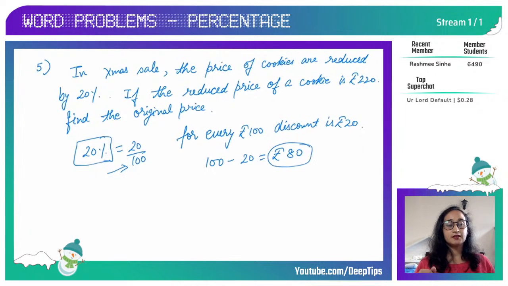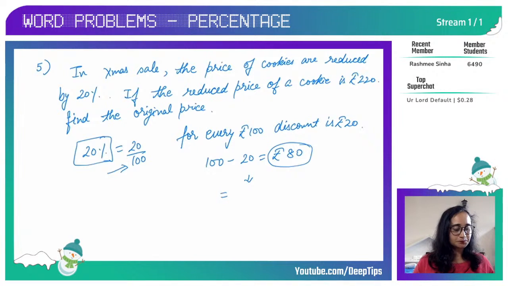So how do we write this? First thing you have to remember is that here you want to find the original price. So keep your original price towards the right hand side. This is the mantra. You never get wrong in your word problems if you know this, that whatever you have to find, you keep towards the right hand side of the equals to, so that you calculate there and write the final answer.